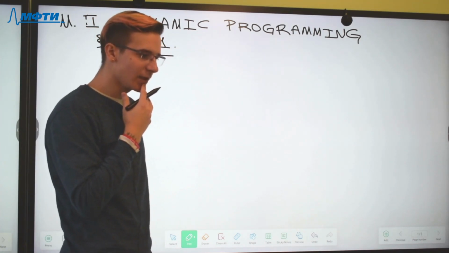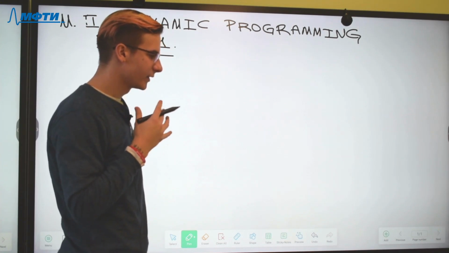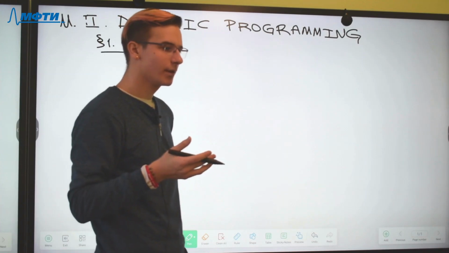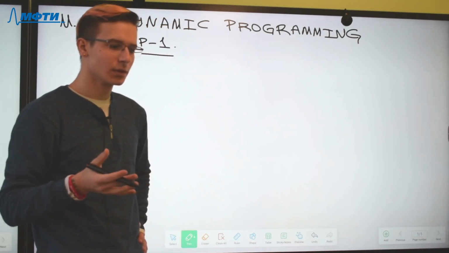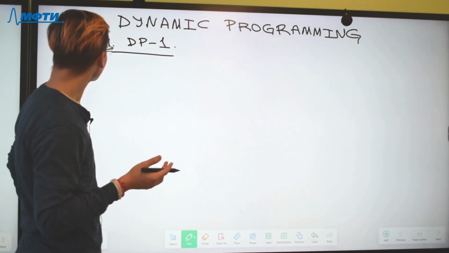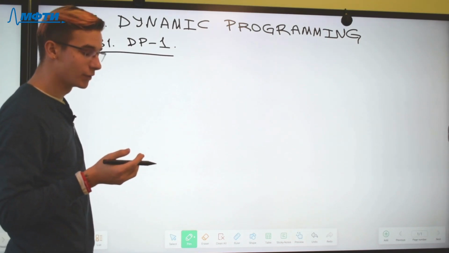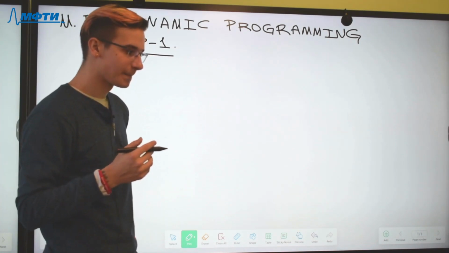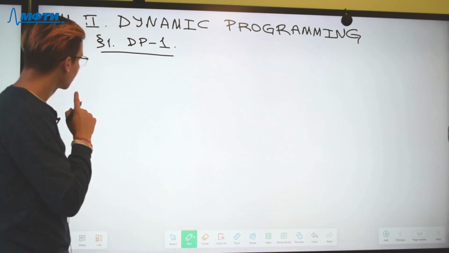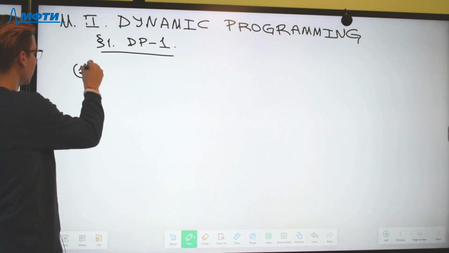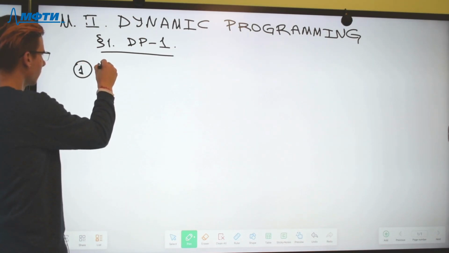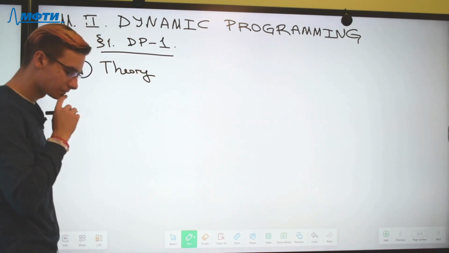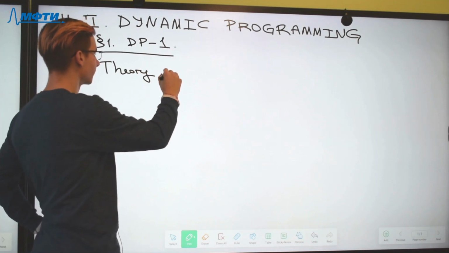One way to understand dynamic programming is as a set of methods that you can use when you solve some problems. So, firstly, about the common theory under this topic.